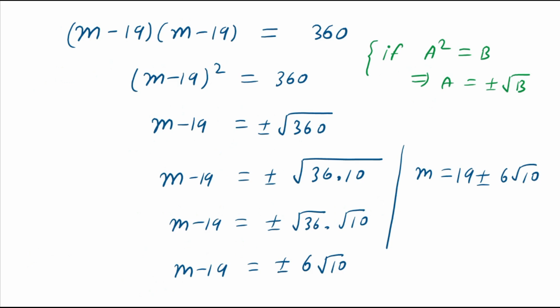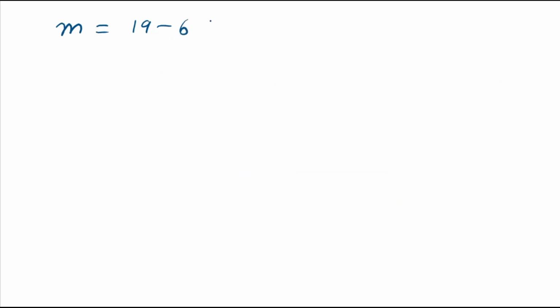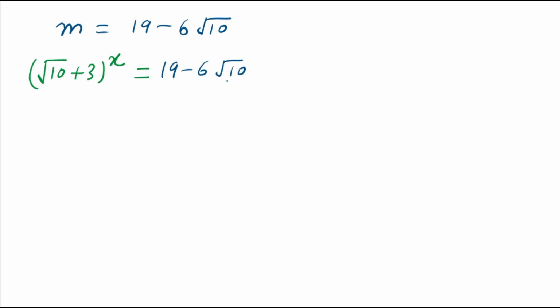Now if we take the second value, m is equal to 19 minus 6 times root 10. We know that the value of m is (square root of 10 plus 3) to the power x, and this is equal to, on the right hand side, 19 minus 6 times square root of 10.